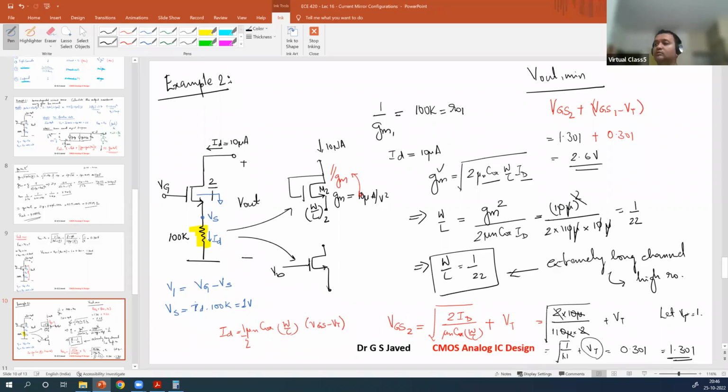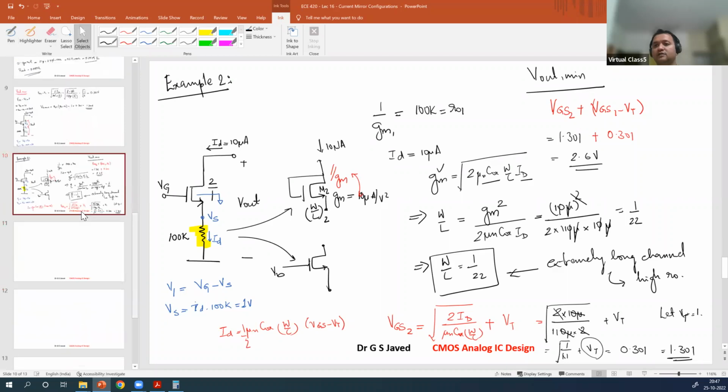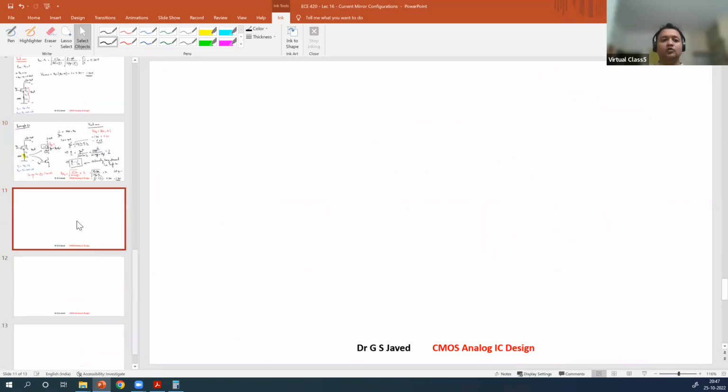Before we close this session, I need to introduce you to variations. What are the variations in current mirror? It's an important topic before we close. Variations in current mirror.